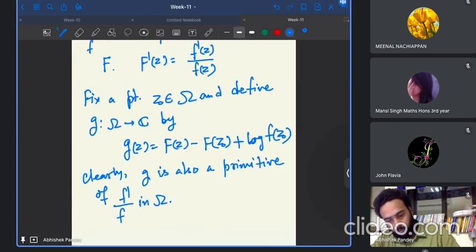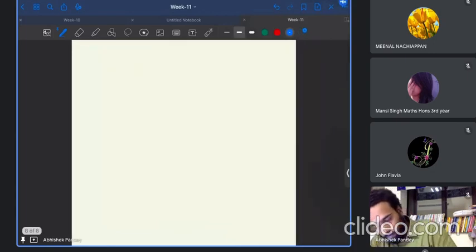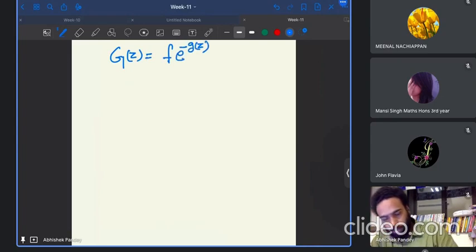Now what we are going to do is, consider the function capital G of z equals f of z times e to the power minus g of z. So this is holomorphic in omega.